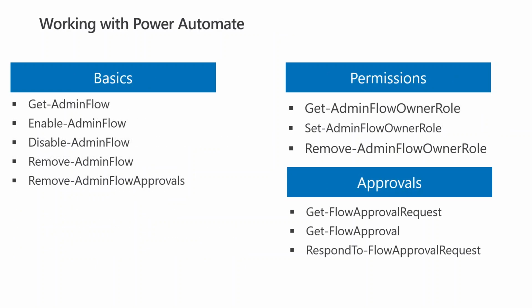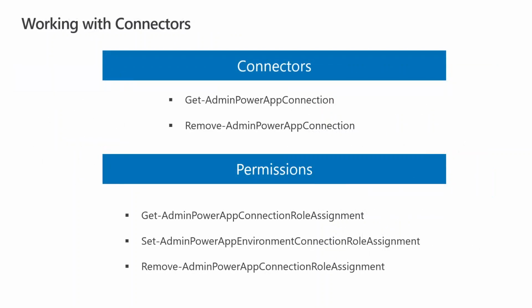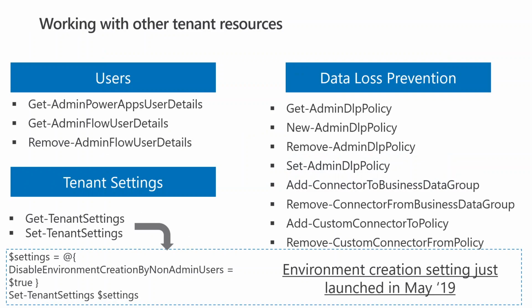Power Automate, lots of admin flow commandlets and permissions and approvals. Create approvals. Connectors. You can set role assignments. And then of course things like different users and tenant settings.